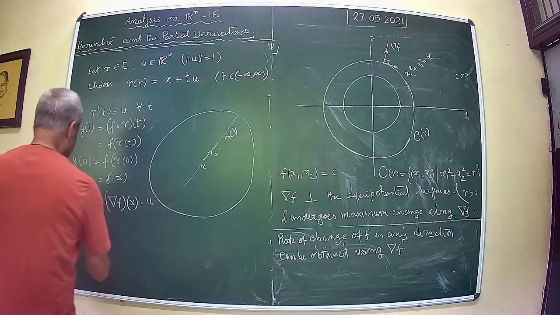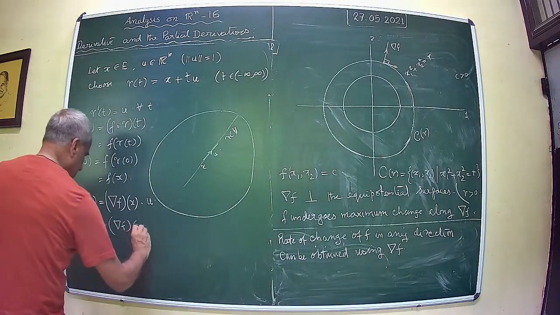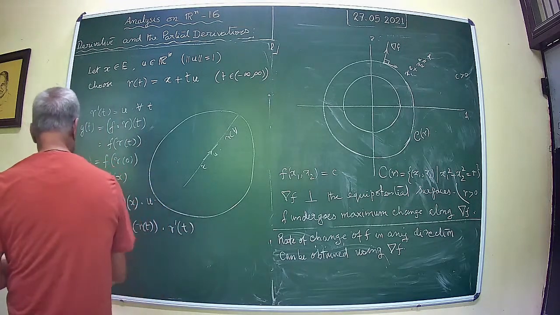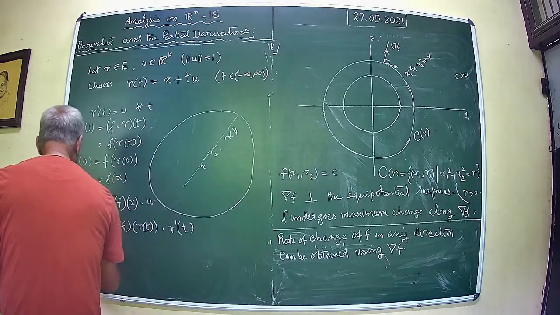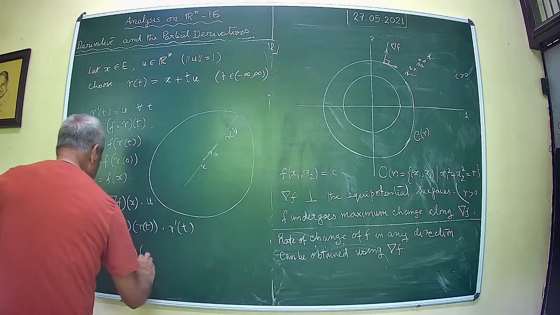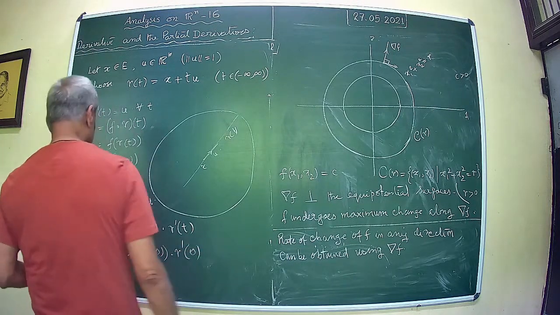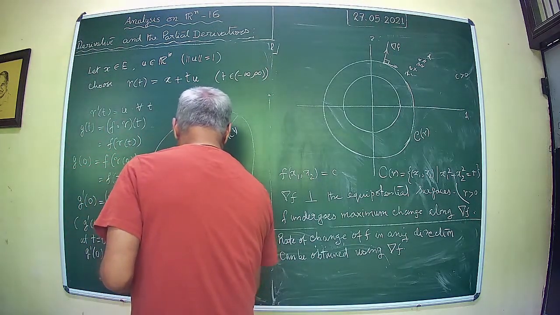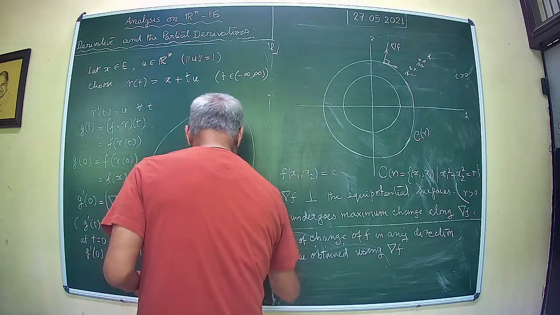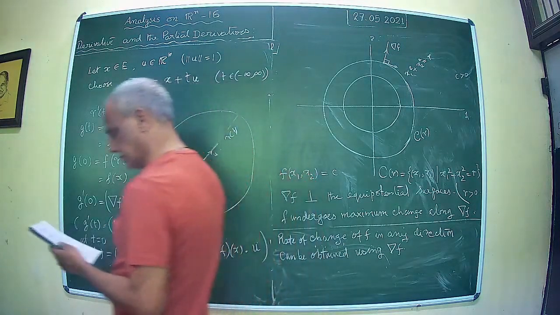So what you have is that G dash at 0 is grad f dot the vector u, so you get it.